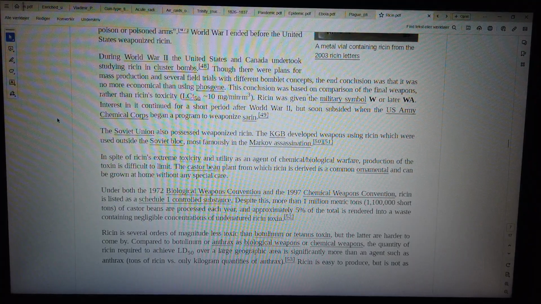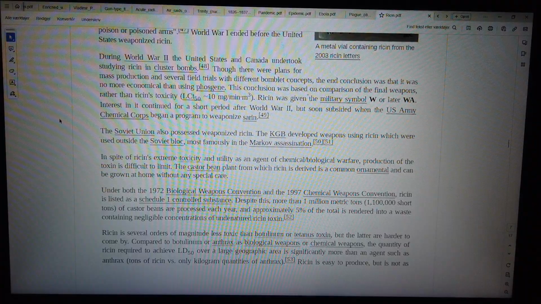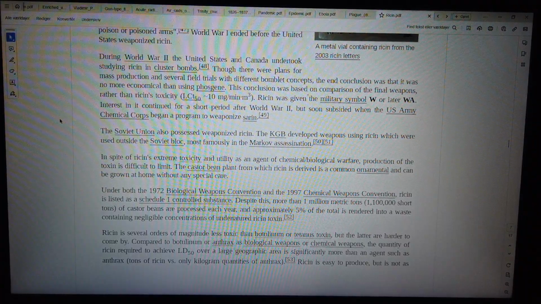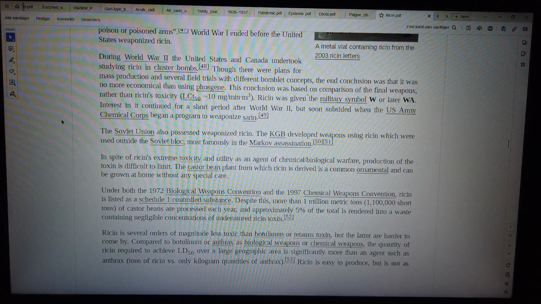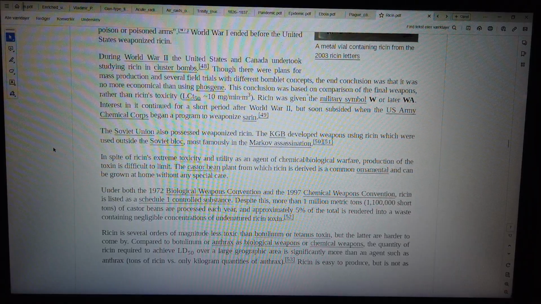LCT50 10 mg/min per m3. Ricin was given the military symbol W or later WA. Interest in it continued for a short period after World War II, but soon subsided when the U.S. Army Chemical Corps began a program to weaponize sarin.